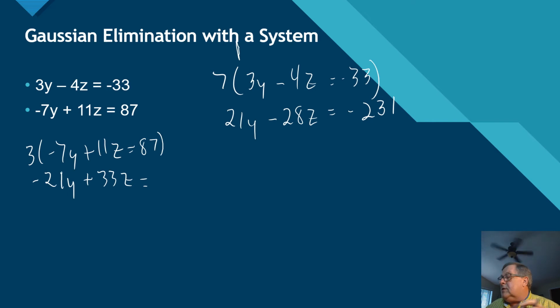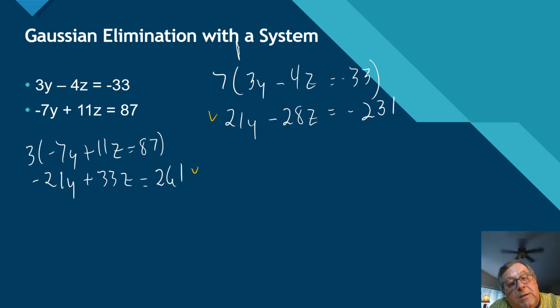And 3 times 87 is 261. And now we can add these two equations together, and we will eliminate the y. So let's go about doing that, and we'll be able to solve for z.